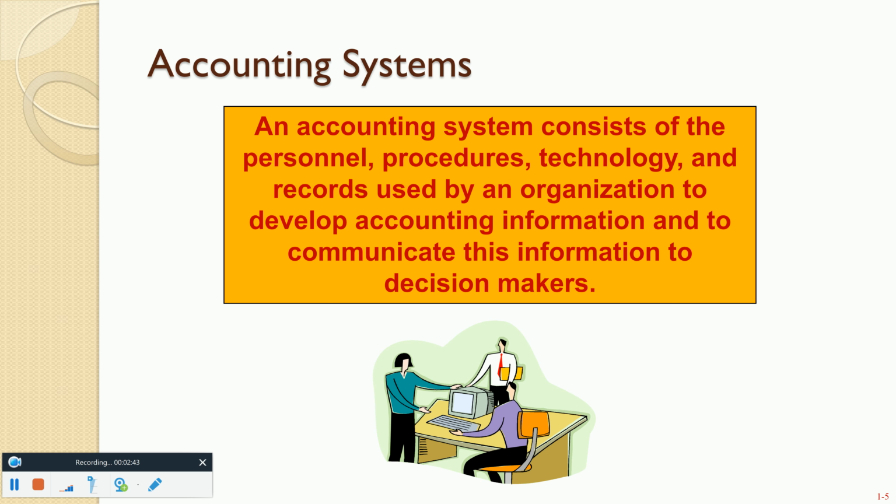That makes up the global accounting system. Of course, we're going to concentrate on the accounting system itself, not so much on HR or finance or economics. We're going to concentrate on the accounting.